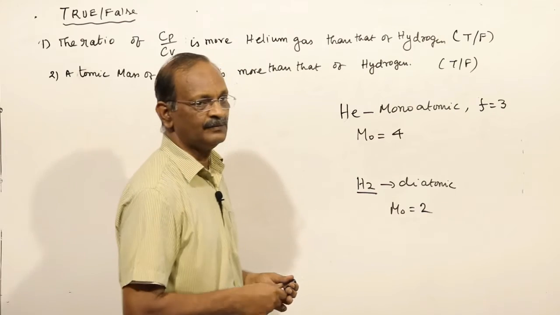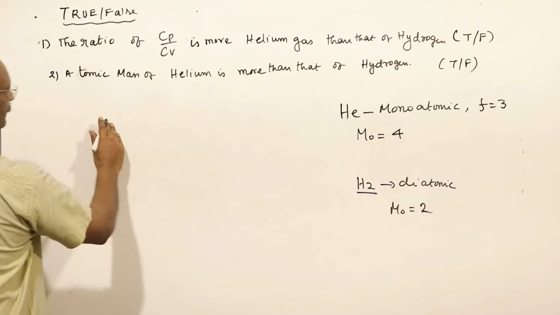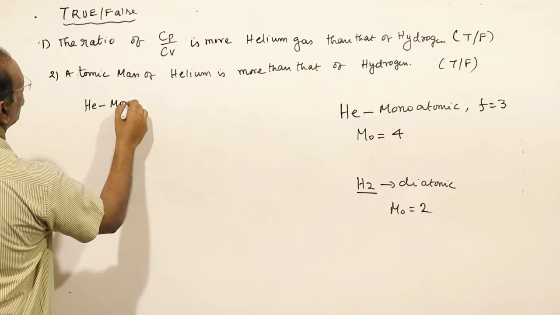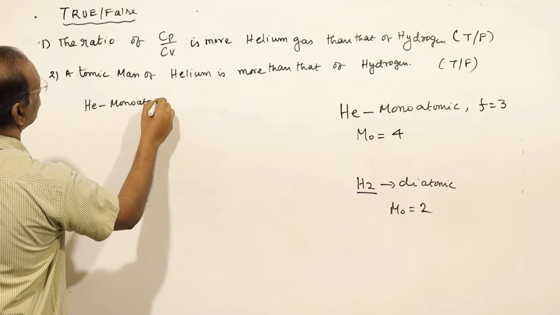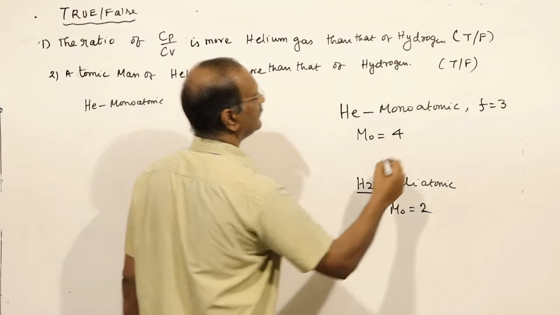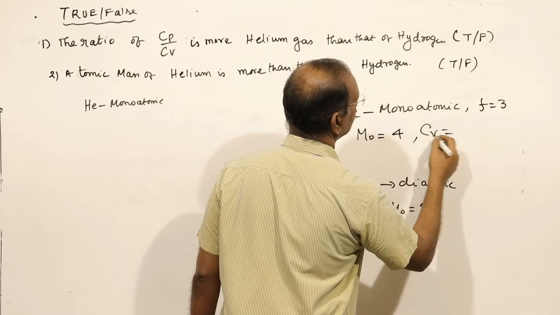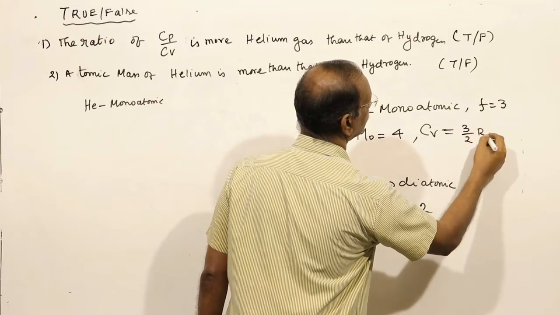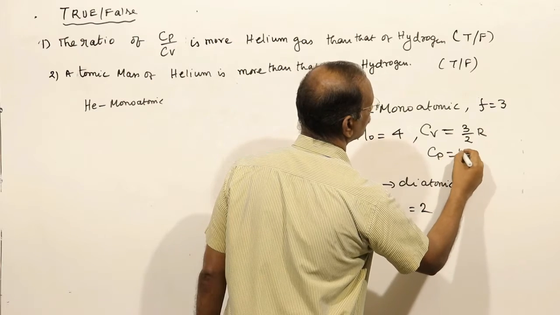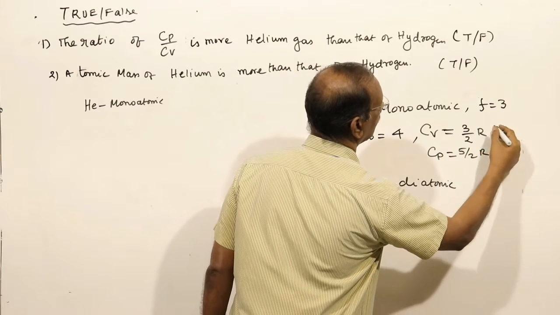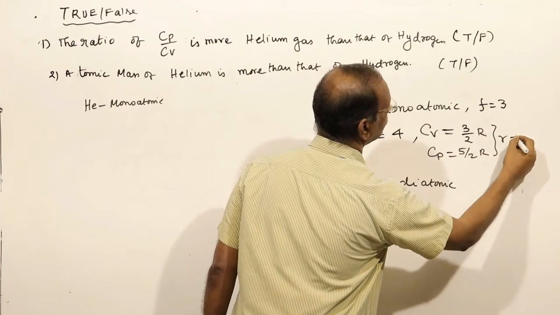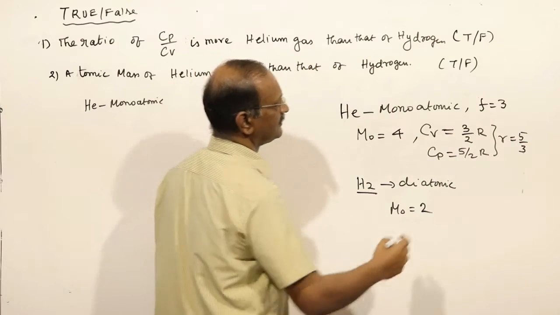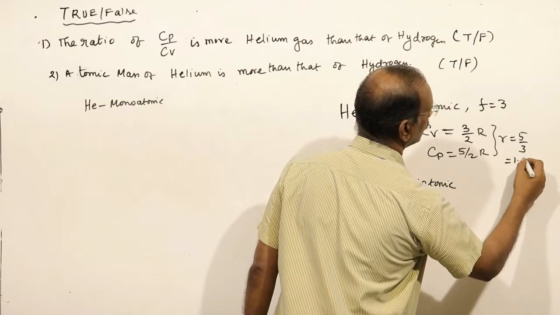So Cp by Cv, what is Cp by Cv? For helium, monoatomic, Cv is equal to degree of freedom 3 by 2 R, and Cp is equal to 5 by 2 R, and gamma is equal to 5 by 3, which is equal to, you can say, 1.6.